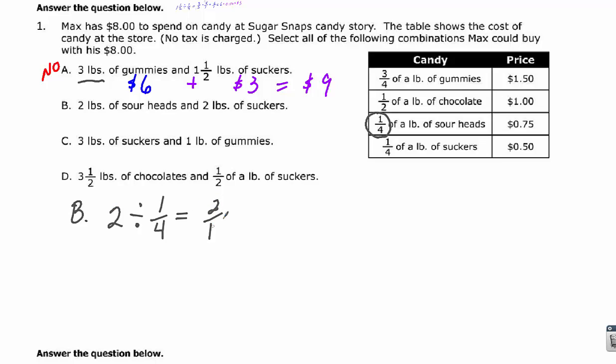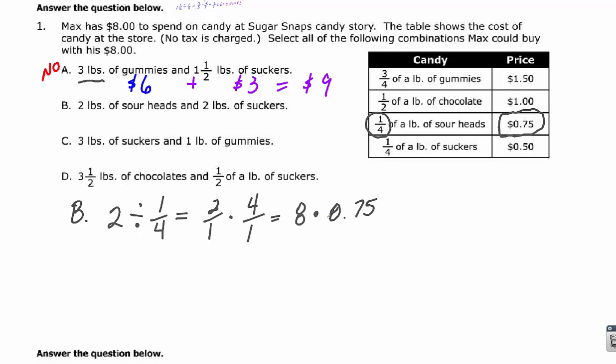Now, we'll solve this to see if that's right. We multiply by the reciprocal, and yes, we get 8. Each of those packs of sour heads costs 75 cents. So we need to multiply that 8 now by 75 cents. Well, 75 cents 2 times is $1.50.